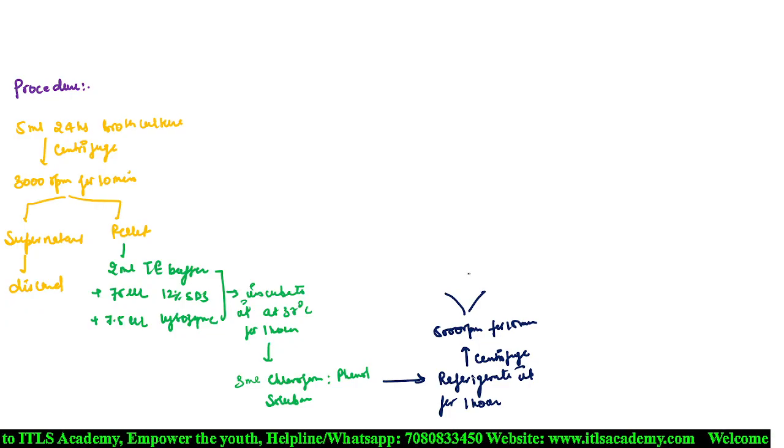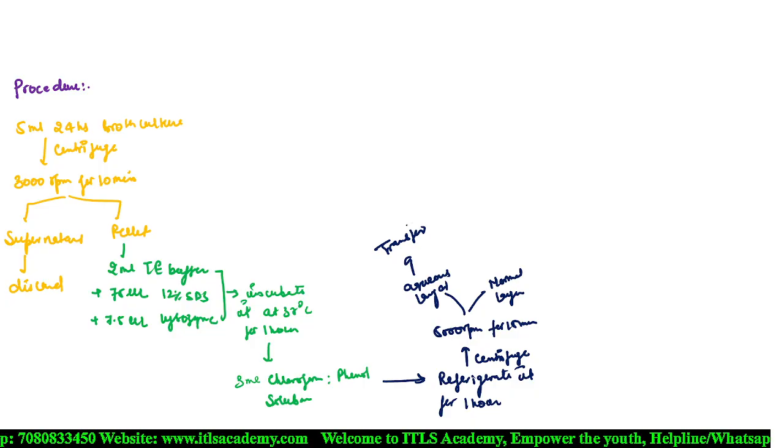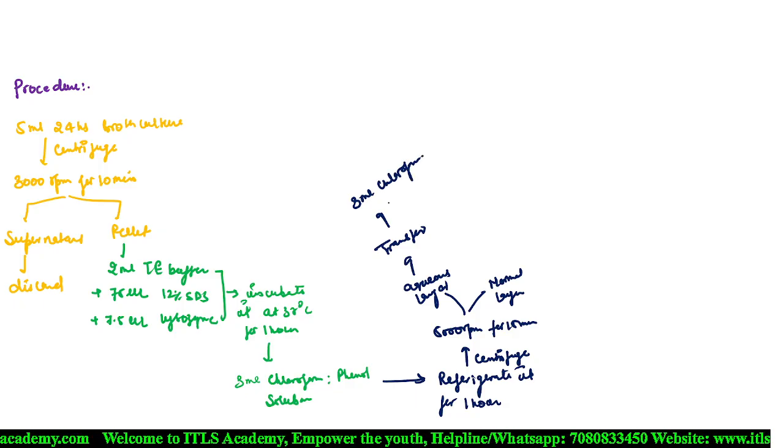Then you get two types of layers. One is your organic layer and another one is your aqueous layer. So you have to transfer that aqueous layer into another Eppendorf tube, and you have to add 3 ml of chloroform plus phenol solution.